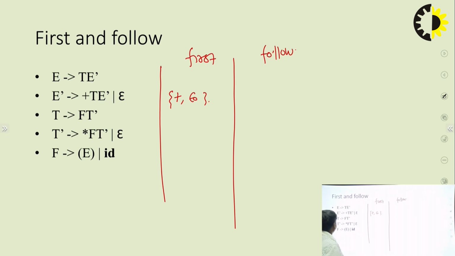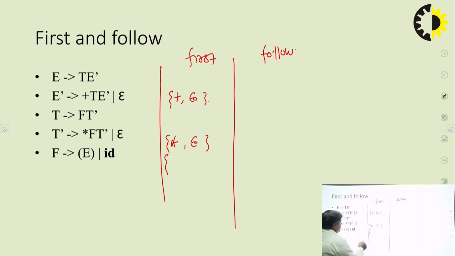What is the first of T dash? Now for the first production, the first of T dash is a star, and for the next production, first of T dash is equal to epsilon. Now we move to the next production rule. What is the first of F?